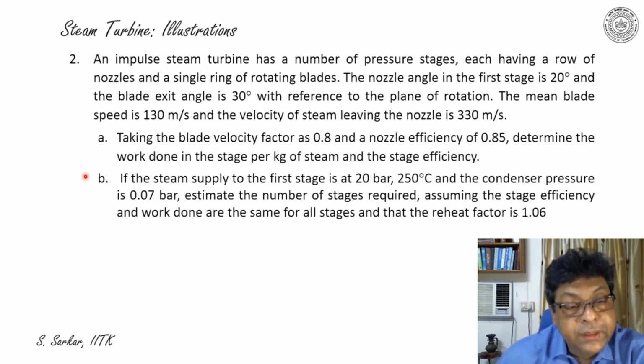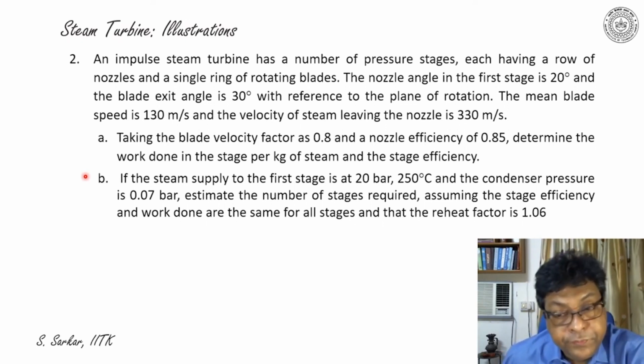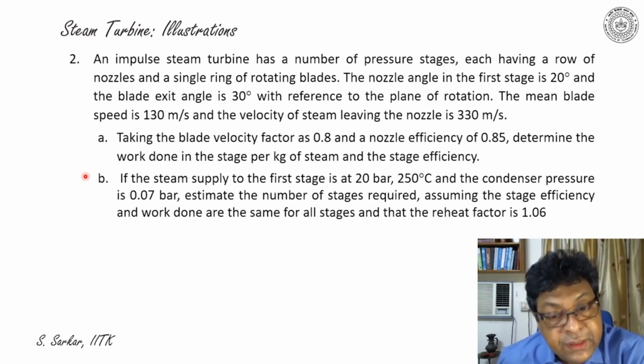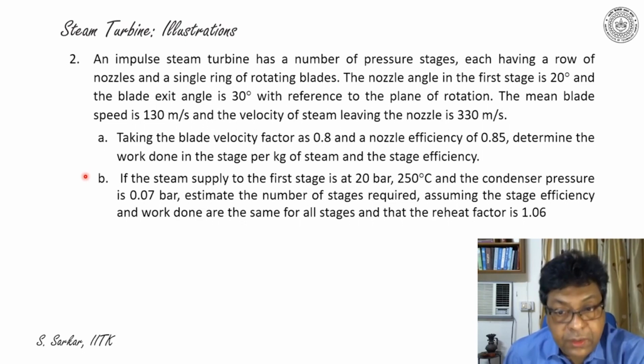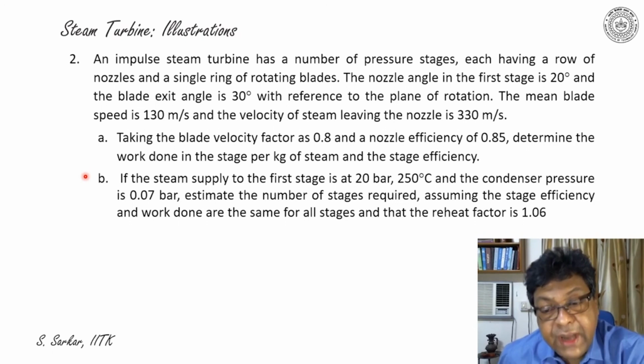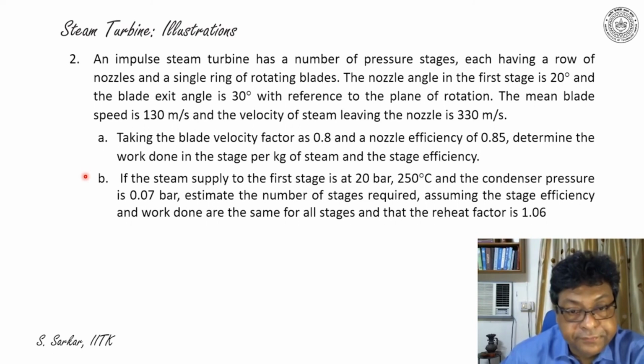Part B: if the steam supply to the first stage is at 20 bar, 250 degrees Celsius, and the condenser pressure is 0.07 bar, estimate the number of stages required, assuming the stage efficiency and the work done are the same for all stages and that the reheat factor is 1.06. Let me solve the problem now.